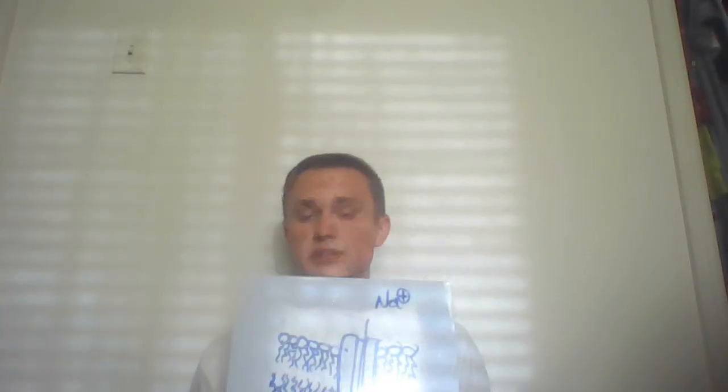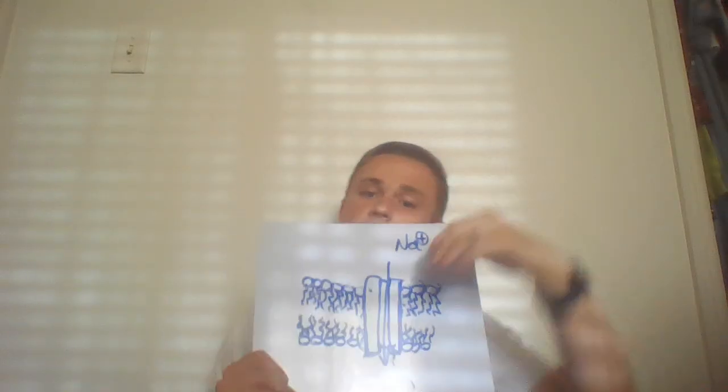Now, this is what we call facilitated diffusion, meaning we're moving from a concentration that is higher to a concentration that is lower. It doesn't actually require any energy. Cell energy is usually in the form of what is known as adenine triphosphate, or ATP.